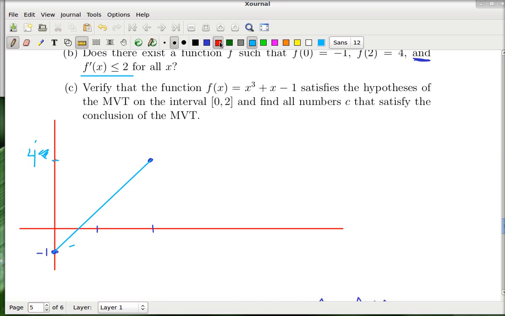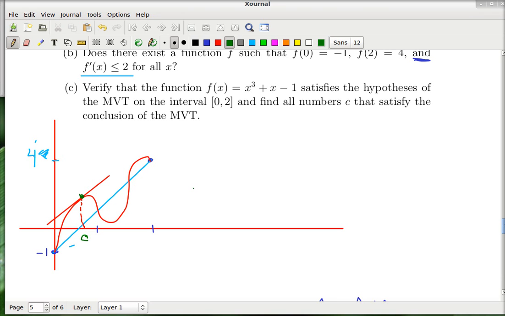But we also have the mean value theorem, and it says that no matter how we connect these two things, as long as it's continuous and smooth, there's going to be some point, C, where the tangent line is parallel to the blue line. Let's call it, here's C. Stupid ruler tool, I hate it.